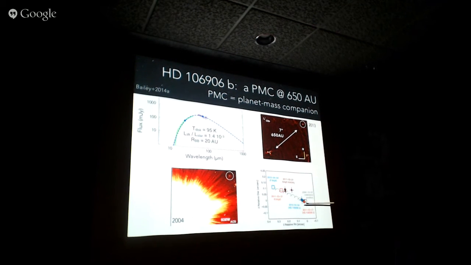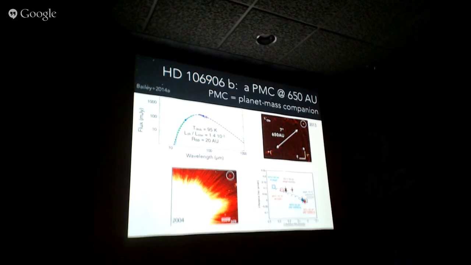So the important thing to note is that the position of the companion here is very distinct in terms of spatial motion from the 3 other background stars that were in the field. So this just tells us it's not moving relative to the primary star as a background star would. It's staying in roughly the same location in all of the epochs, therefore it's a bound companion of some sort.